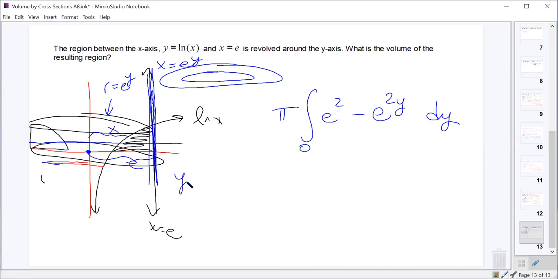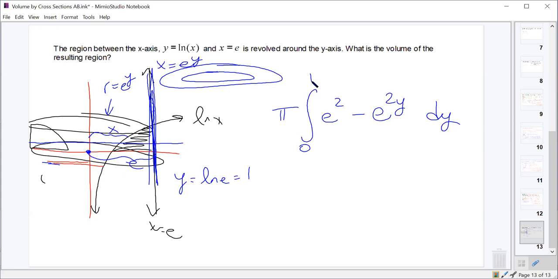So y equals the natural log of e, that'd be 1. Good? Any questions or issues on that? Everybody here okay with that? A little bit of a difficult setup maybe, but we're okay with it. People at home, are you okay with that or no? Yeah. All right. Let's integrate.